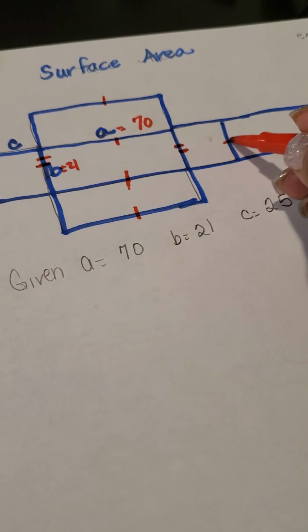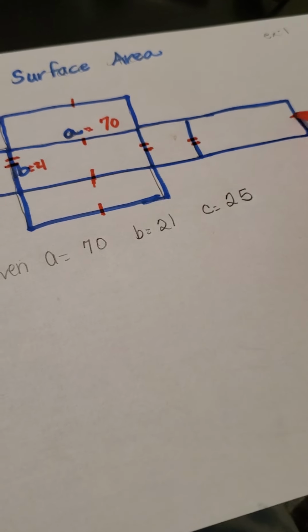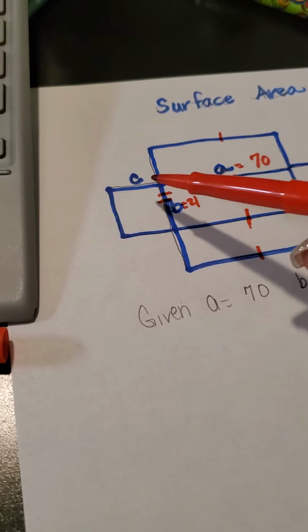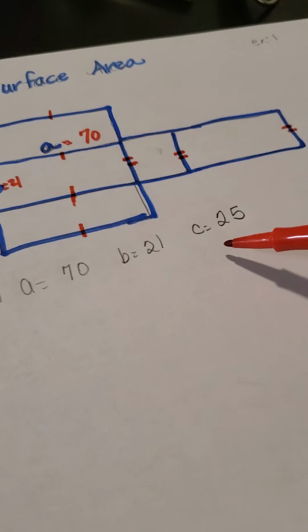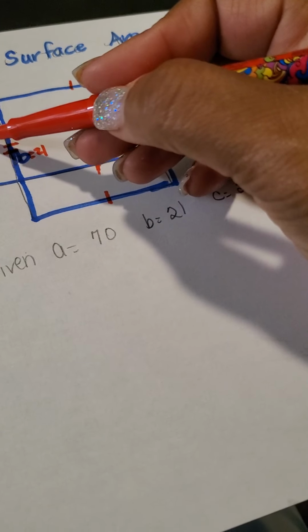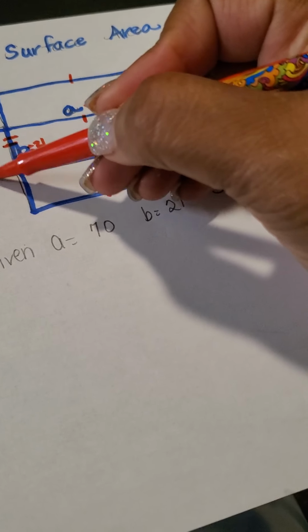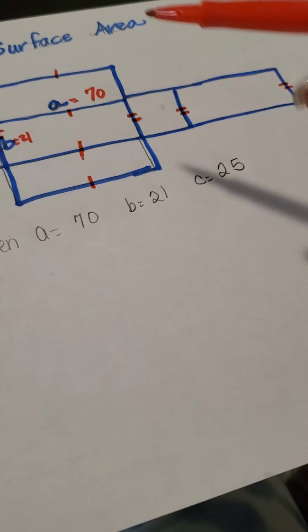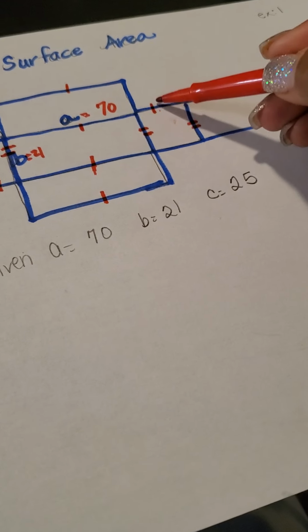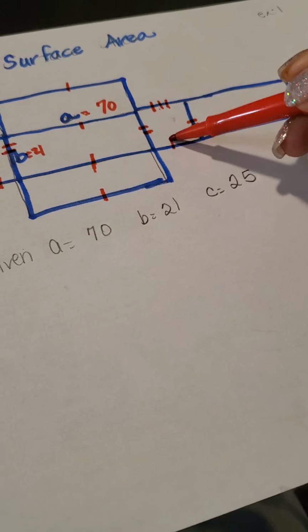This is 21, this is 21, and this is 21. And then it says that C is equal to 25. So I'll put my 3 times here. That means this is 25 and this is 25. These two are congruent, or the same size. So that means that this is 25.